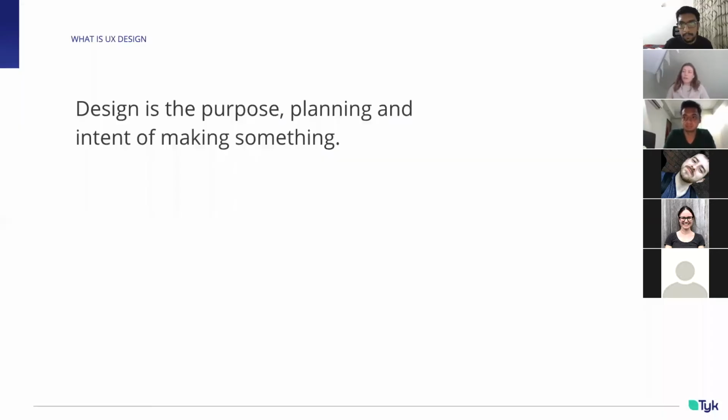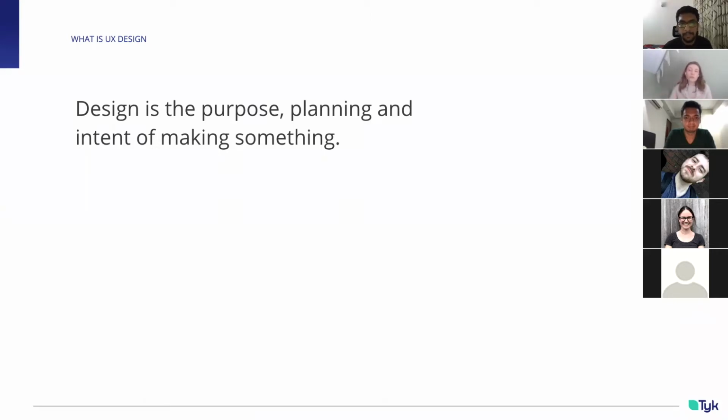So diving right into it, what actually is UX design? There are a lot of different definitions out there. Lots of people have their own ideas of what UX is. So just at a really high level, stripping it back to the basics, design on its own is the purpose, planning, and intent of making something.